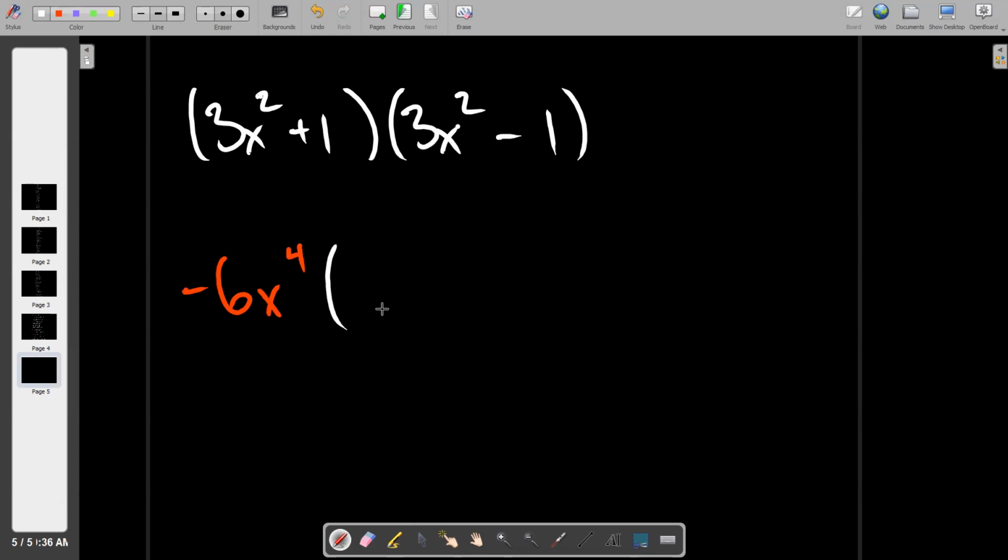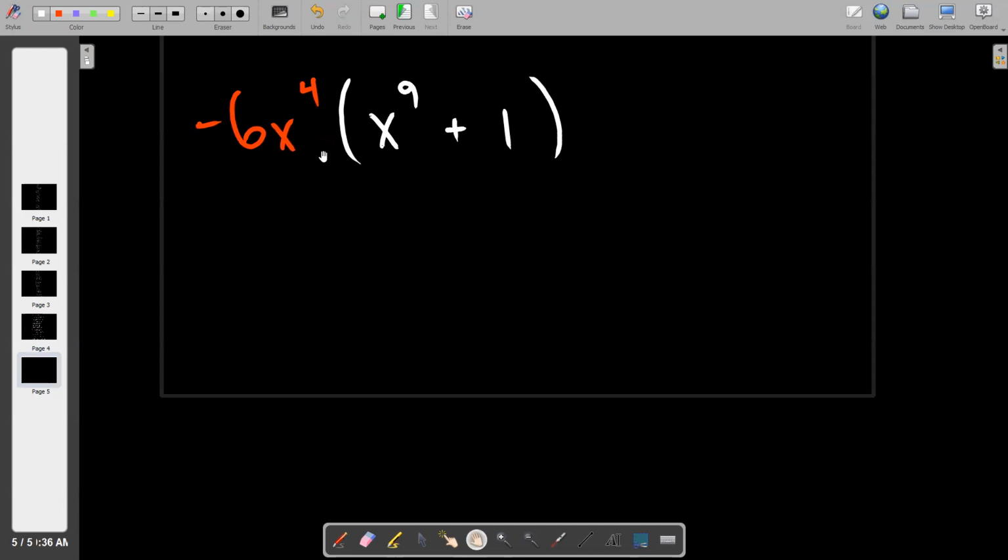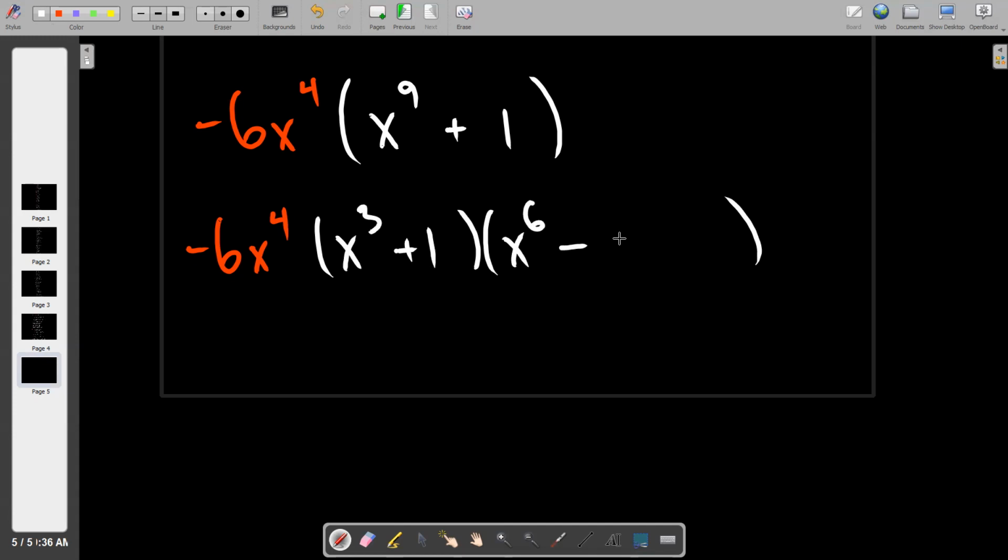And then I'm going to rebuild as x to the 9th and change the sign. And what is x to the 9th plus 1? It's not a difference of cubes. It's a sum of cubes. And so a is x to the 3rd, b is 1. So I'm going to do short set, I'm going to do long set, and I'm going to go a plus b, a squared minus ab plus b squared.